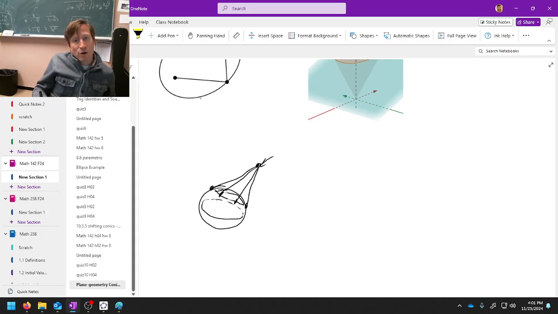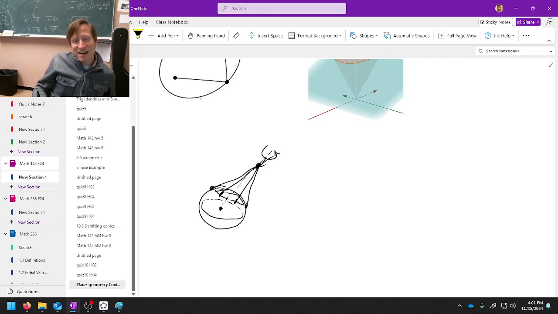So from a point not on the sphere, all tangents to the sphere are the same distance from the point. Right? That's kind of intuitively plausible. To prove it, I think the way to prove it is to draw a line segment from this point to the center of the sphere, and then imagine rotating this diagram around that line.